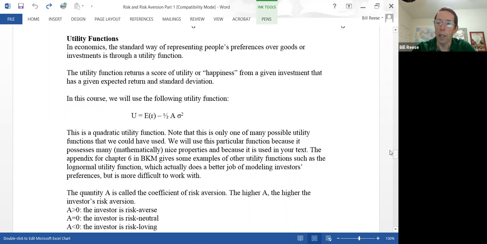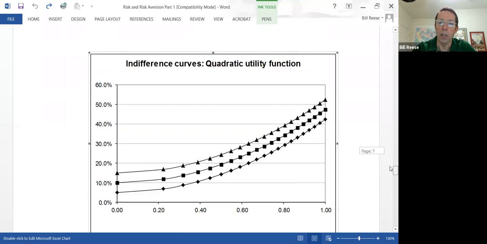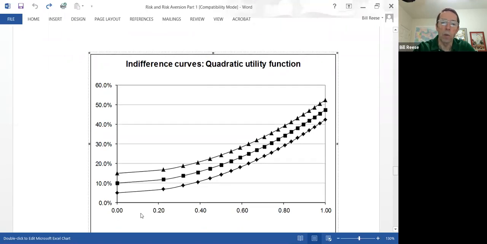And that's what we are looking at right down here, okay? So here is an investment with a standard deviation of 0. Expected return is 5%, so we know the investor gets utility of 5%. Now, if they get a utility of 5% here, they are indifferent between all these points going up here.